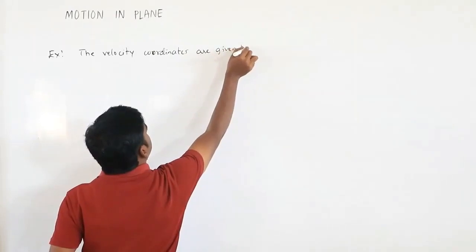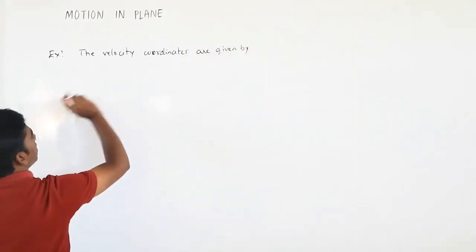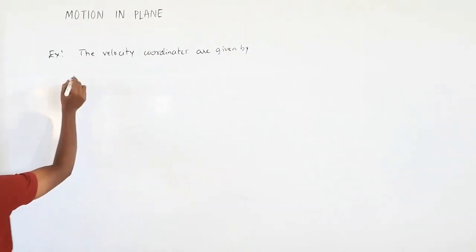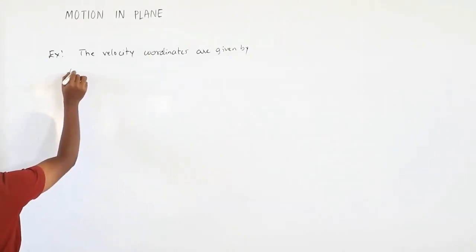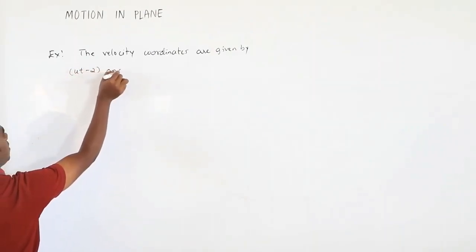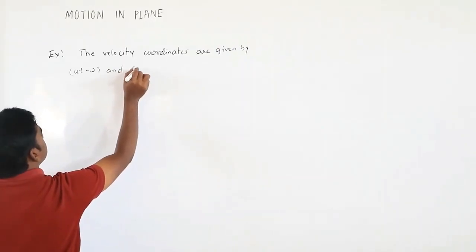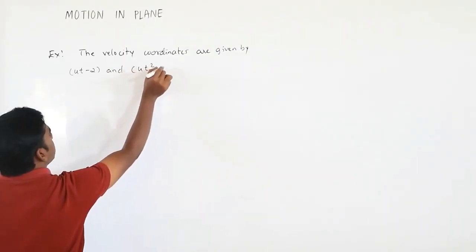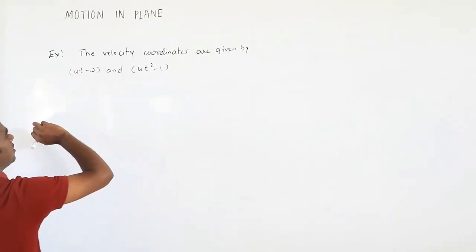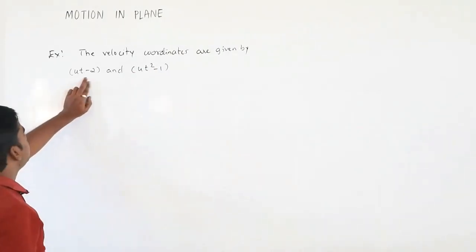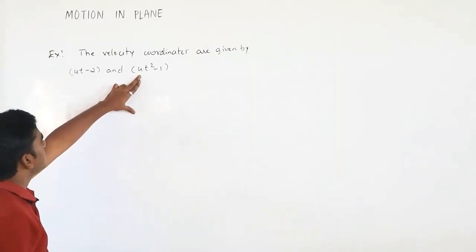The velocity coordinates are given by 4t minus 2 and 4t squared minus 1.